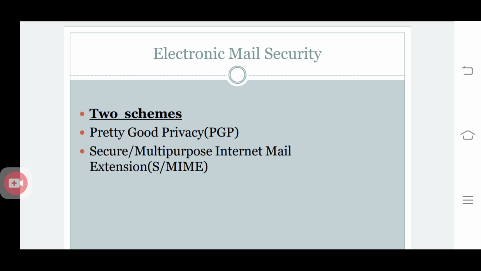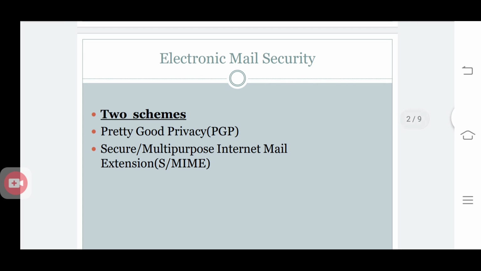Using this capability, we can send mails to others who are connected directly or indirectly to the internet. For providing security to electronic mail services, we have two schemes. The first one is Pretty Good Privacy, PGP, and the second one is Secure Multipurpose Internet Mail Extensions, that is S/MIME. These are the two electronic mail security mechanisms.